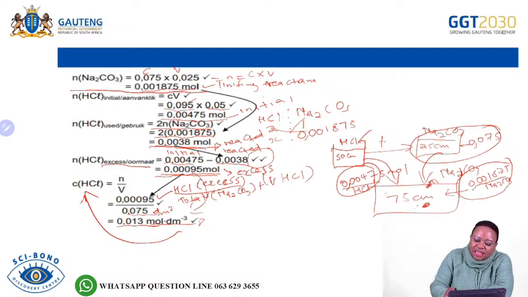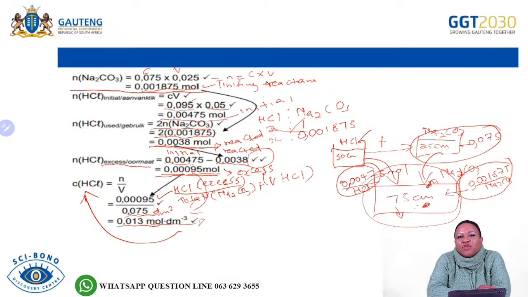After that, we find the concentration of the acid in this container, which is 75 cubic centimeters, or 0.075 cubic decimeters volume of sodium carbonate added with hydrochloric acid, and therefore you will find the concentration of the acid that you are looking for in the new solution.